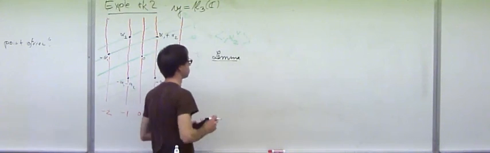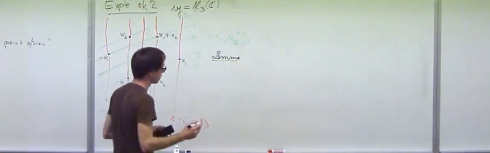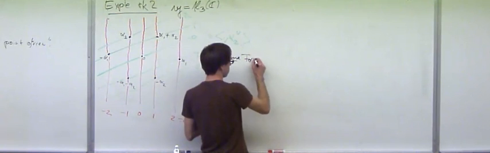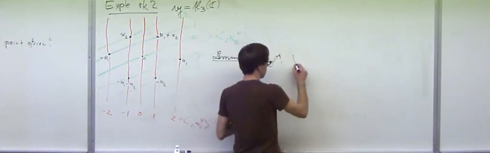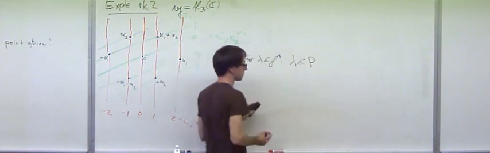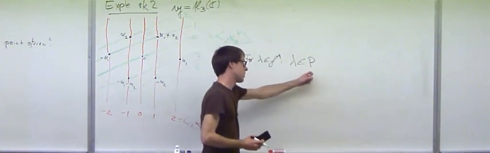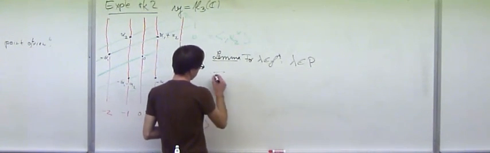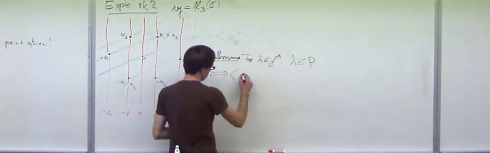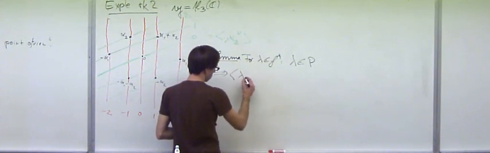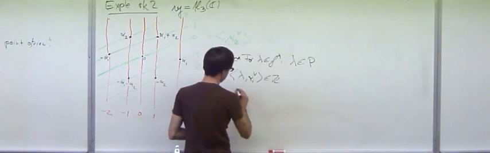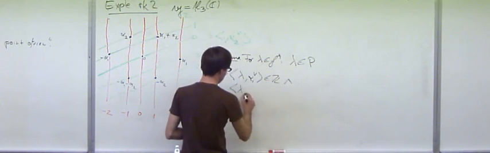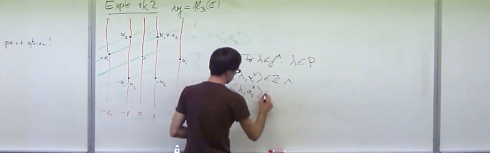So for lambda in H star, lambda is in P, so lambda actually does occur as a weight in a module, if and only if lambda alpha 1 check is an integer and lambda alpha 2 check is also an integer.